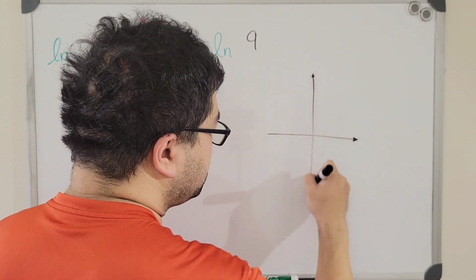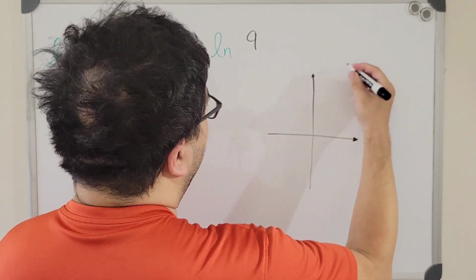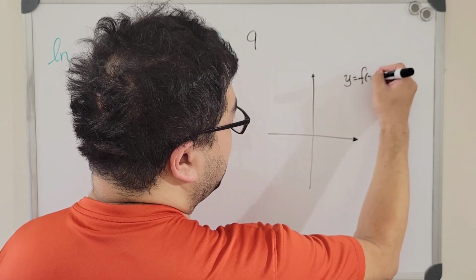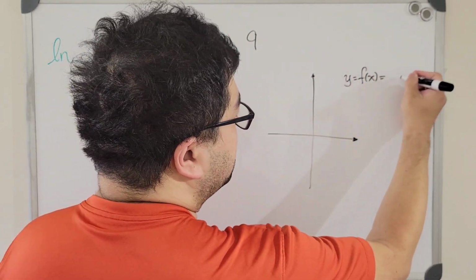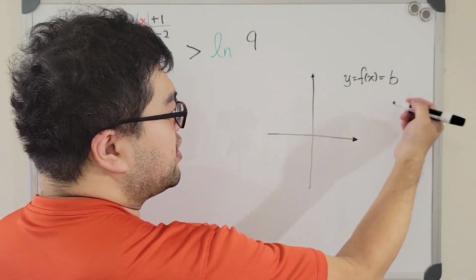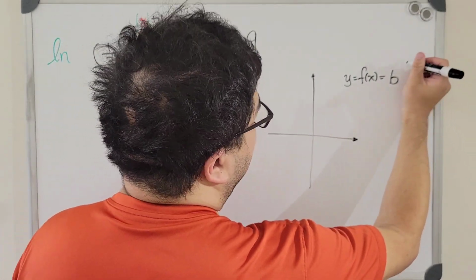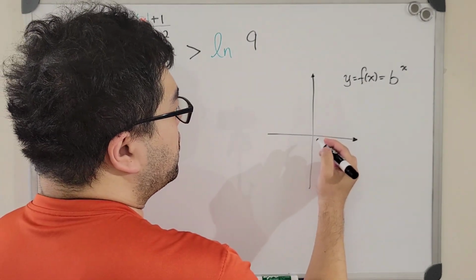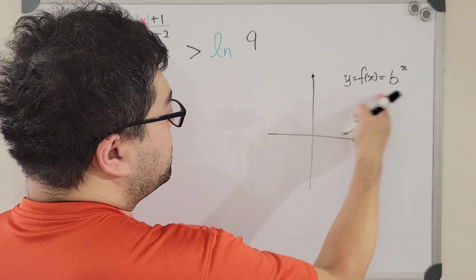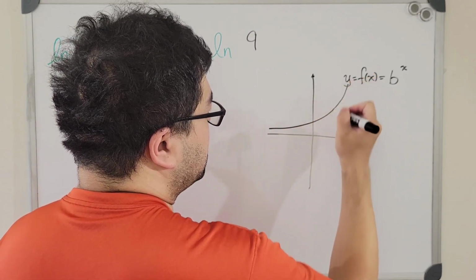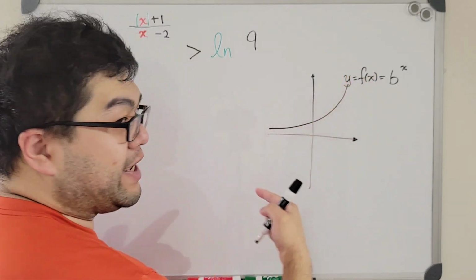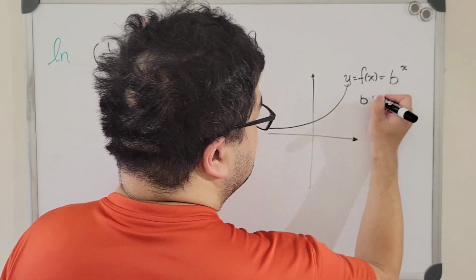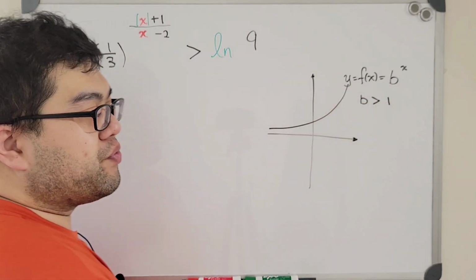When we have a function such as y, or you can call it f of x, equal to some certain base b raised to the x power, the graph goes up, or is increasing, if the base b is strictly greater than 1.